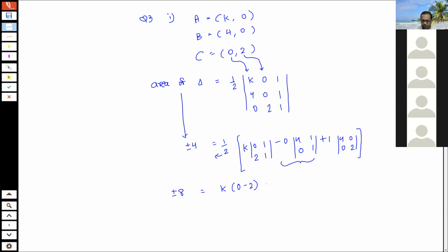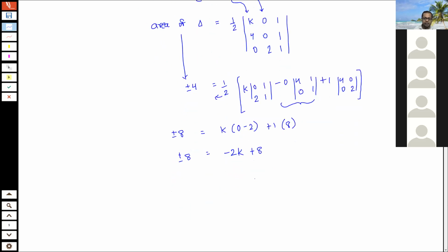Here it will be plus 1, 8 and 0. So I can write it. So basically it is minus 2k plus 8 is plus or minus 8.